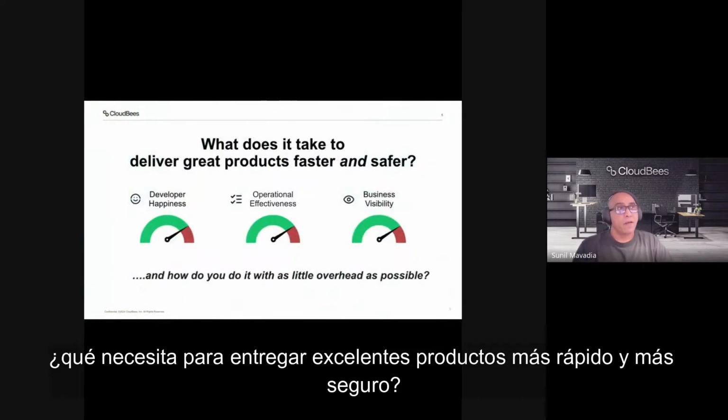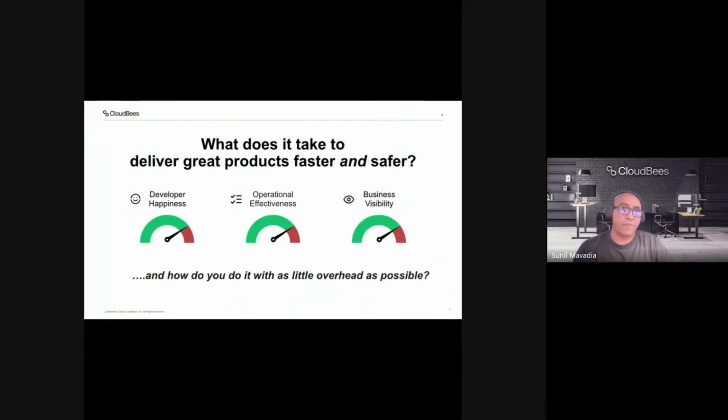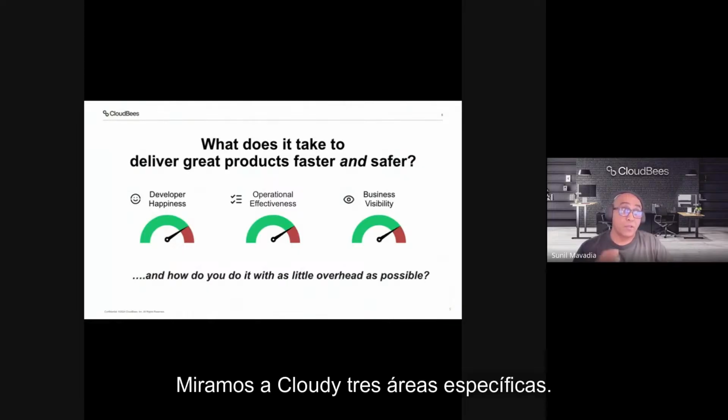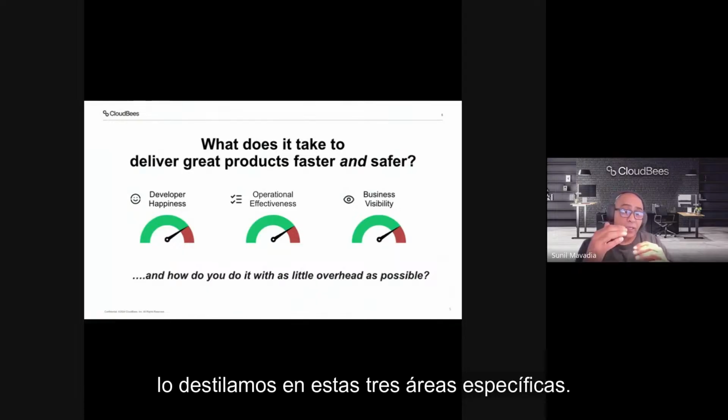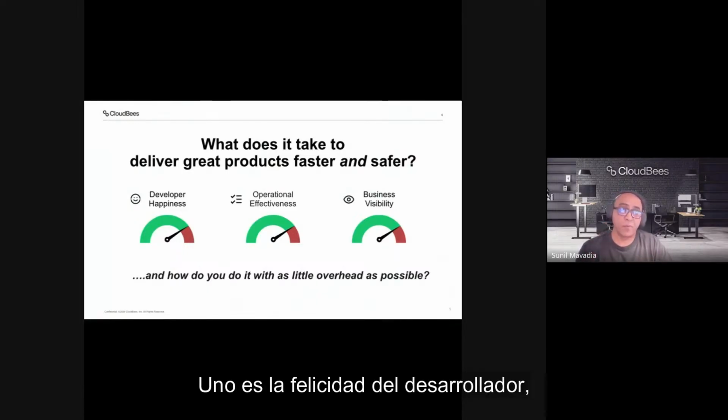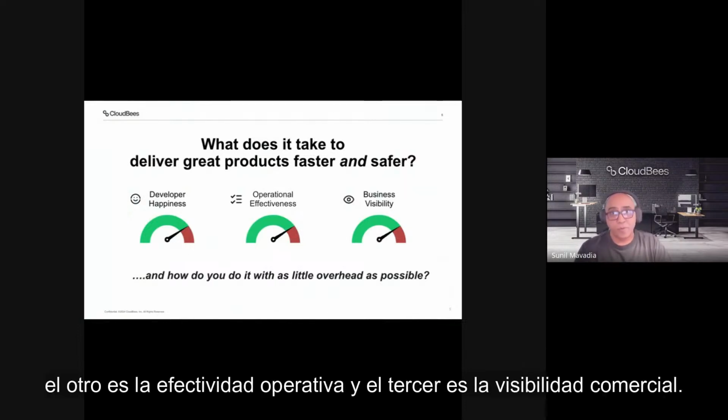So what does it take to deliver great products faster and safer, right? We at CloudBees look at 3 specific areas. When you look at DevOps and your DevOps transformation, we distill that into these 3 specific areas. One is developer happiness, the other is operational effectiveness, and the third one is business visibility.